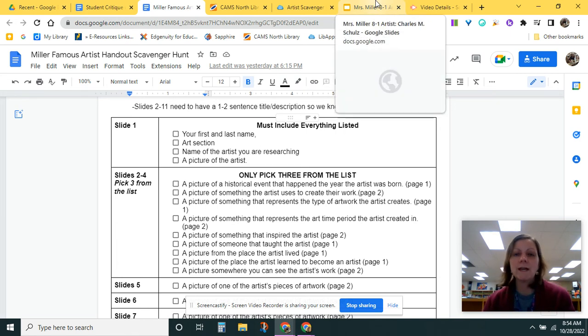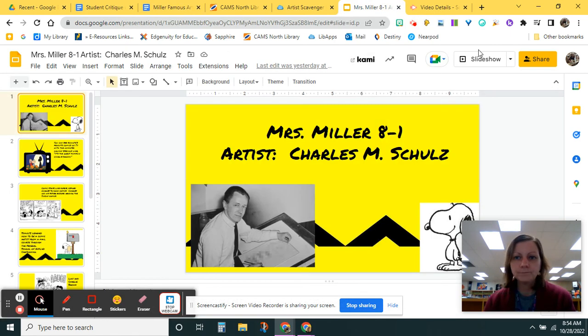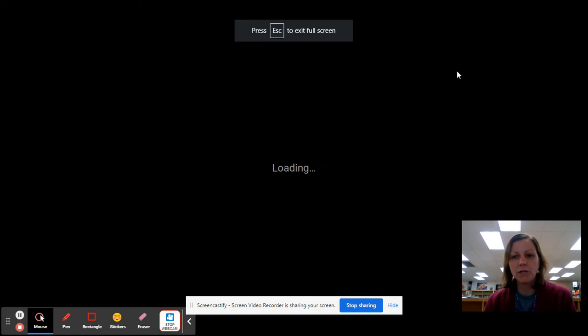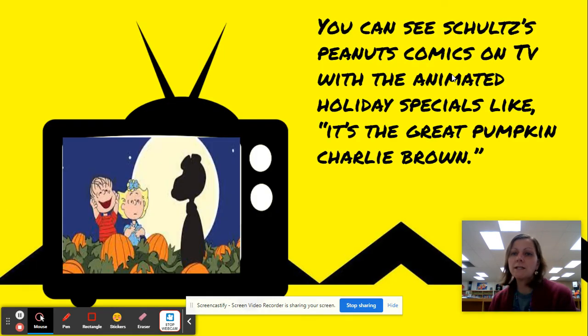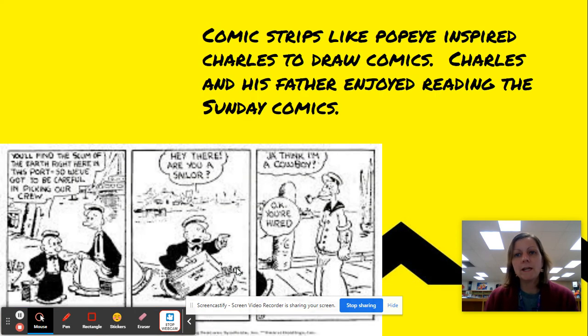So for my slides 2 through 4, put it on slideshow, make it fancy. You can see Schulz's Peanuts comics on TV with the animated holiday specials, like It's the Great Pumpkin, Charlie Brown, and here's my picture of the Great Pumpkin, Charlie Brown, on a TV. Comic strips like Popeye inspired Charles to draw comics.